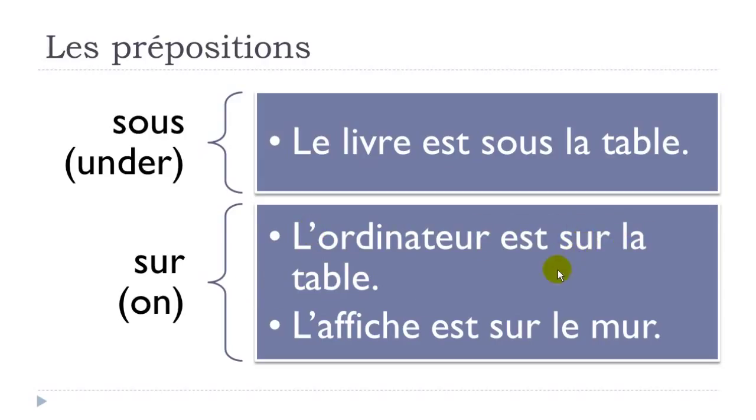But keep in mind that it's also possible to use this sur if we're talking about the wall, for instance. So we could say l'affiche, so affiche is poster, l'affiche est sur le mur. Alright, so it could be for la table or any other things like that, and then as well for le mur, okay, sur le mur.